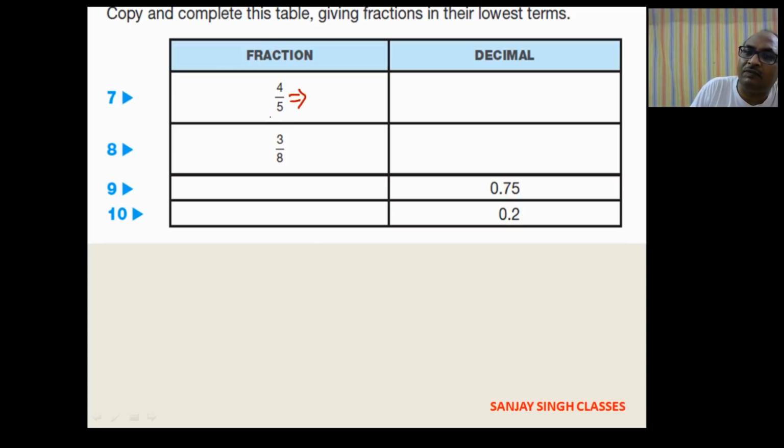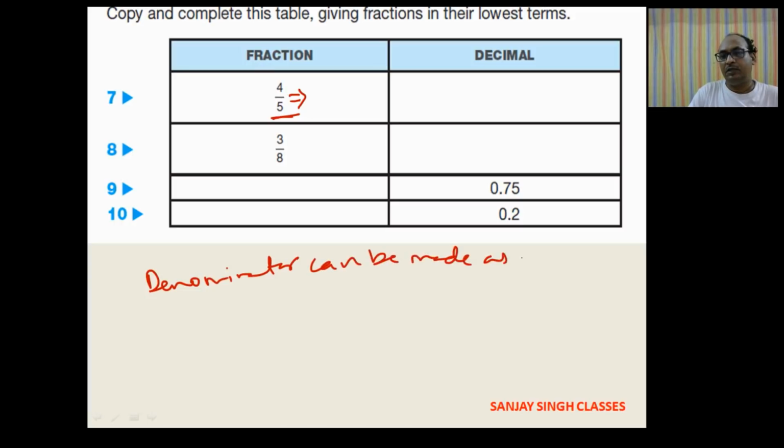Or otherwise, if the denominator can be made 10, 100 or 1000 or even higher, very easily then we will go for multiplication.